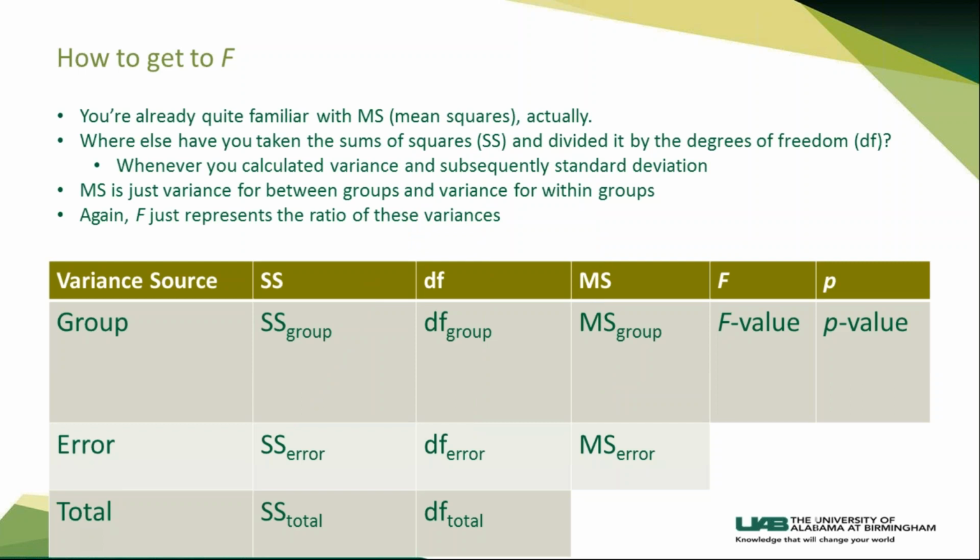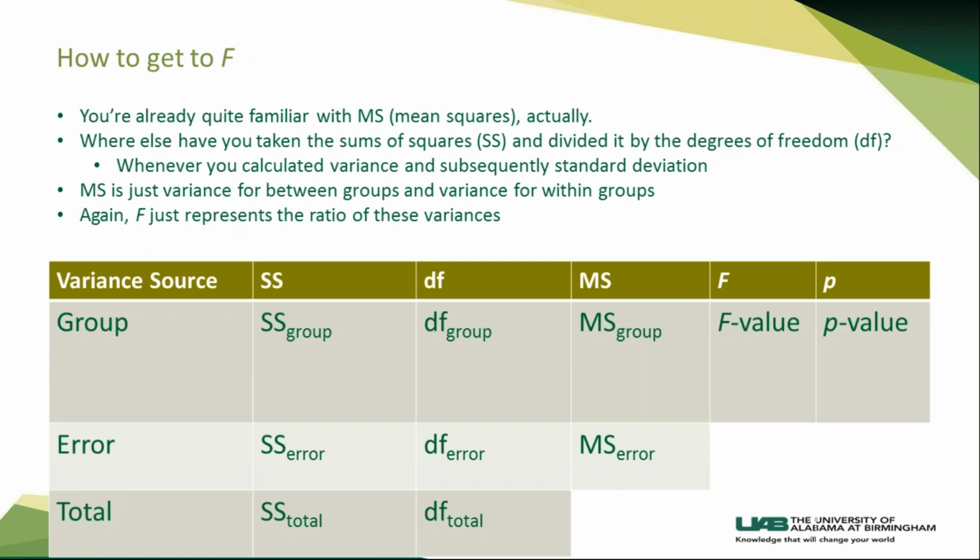Think about another situation where you've taken some sum of squares and then divided it by the degrees of freedom. Well, that's all we did when we were doing the variance and standard deviation, where you get the variance, then you take the square root, and that's the standard deviation.